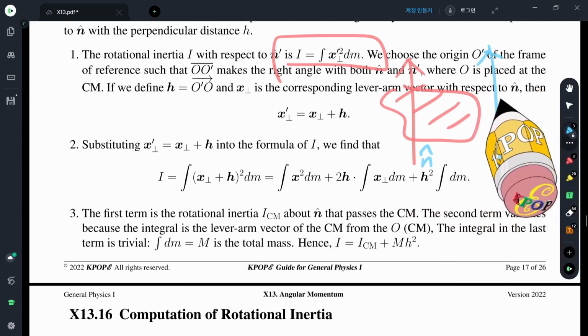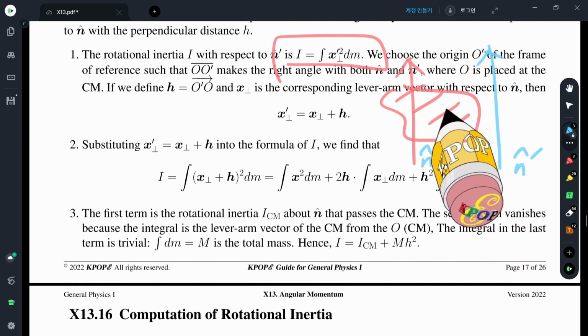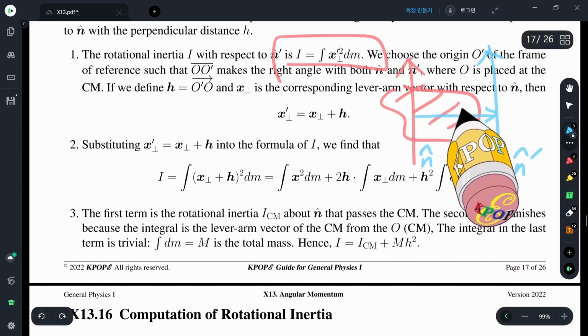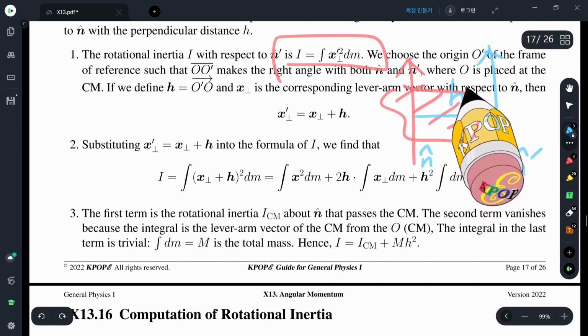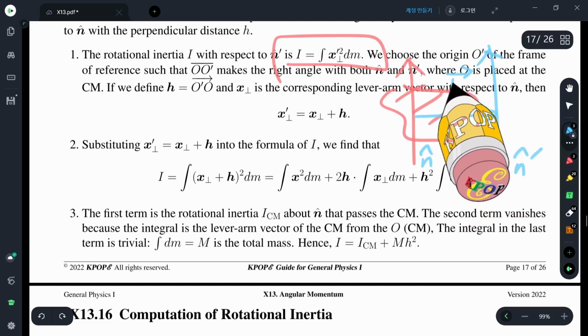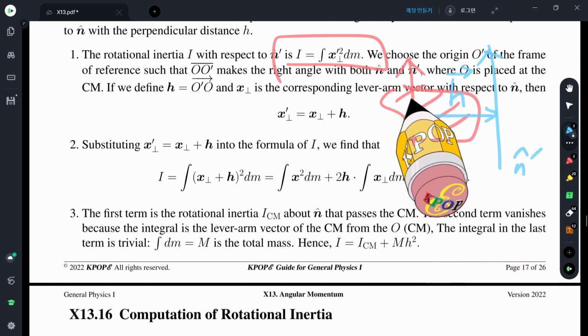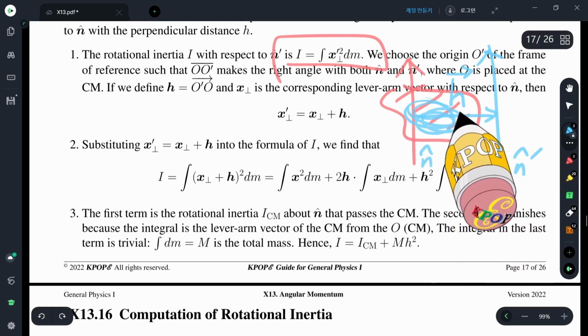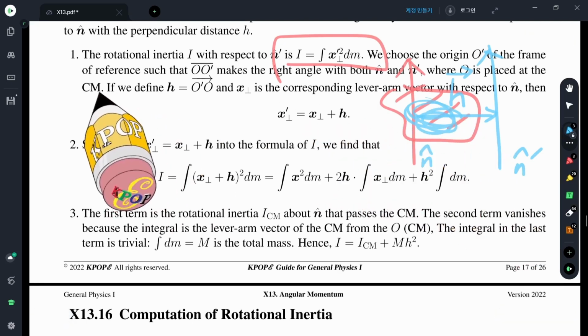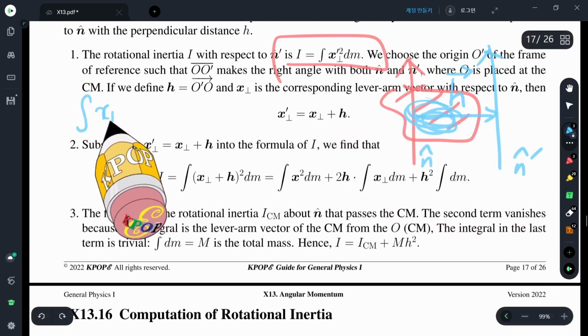This parallel axis has the perpendicular distance h. So this is a vector h. If I want to compute this rotational inertia, what I have to do is x perp squared dm.